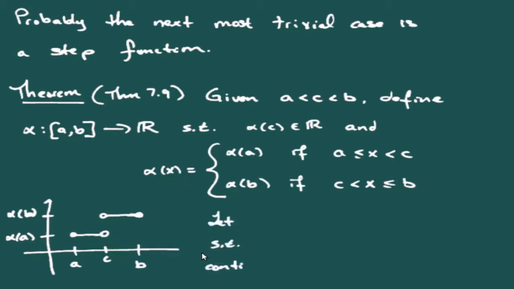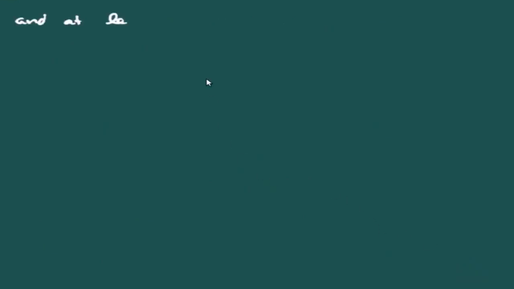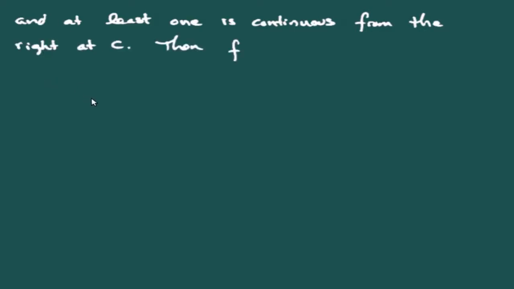So if we let f be defined on our closed interval [a, b], and we make the condition that either f or alpha is going to be continuous from the left at c, and at least one of them is going to be continuous from the right at c, then we know that f is going to be Riemann-Stieltjes integrable with respect to alpha on [a, b].